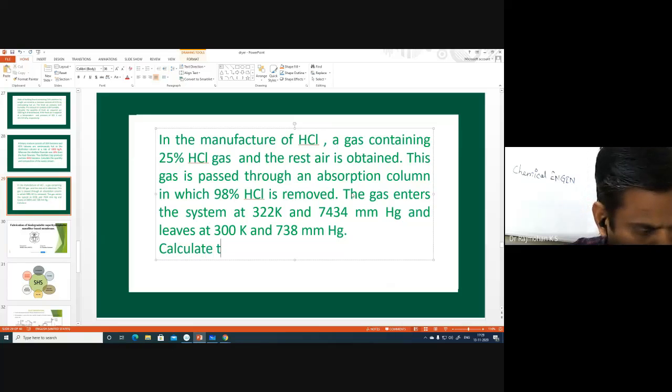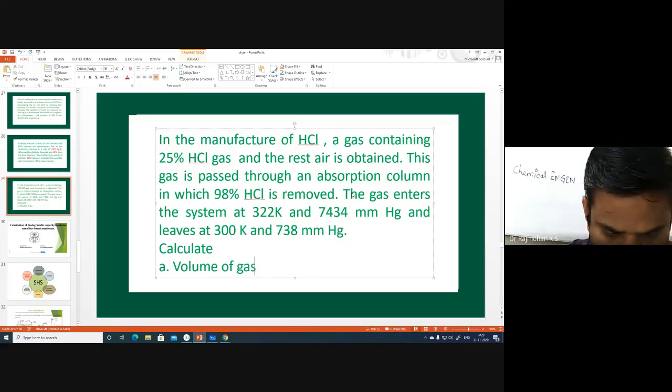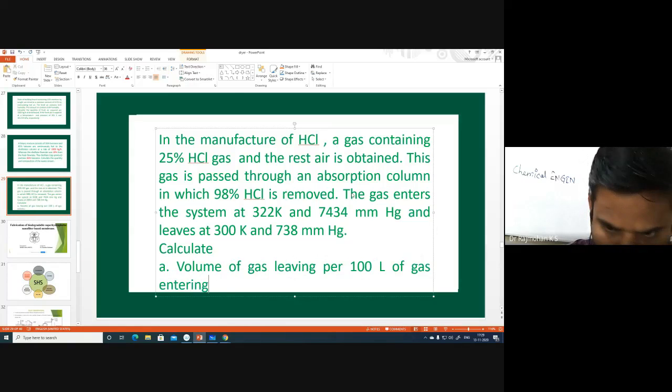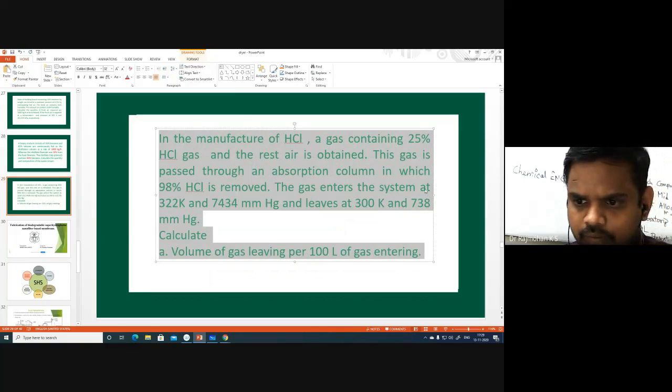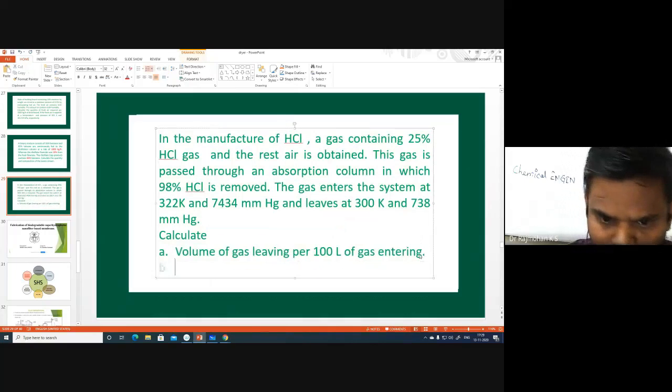Calculate the volume of gas leaving per 100 liters of gas entering. That is the first part.